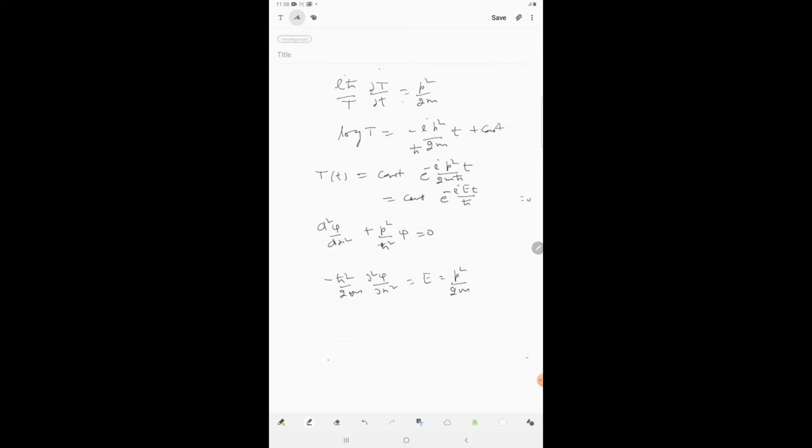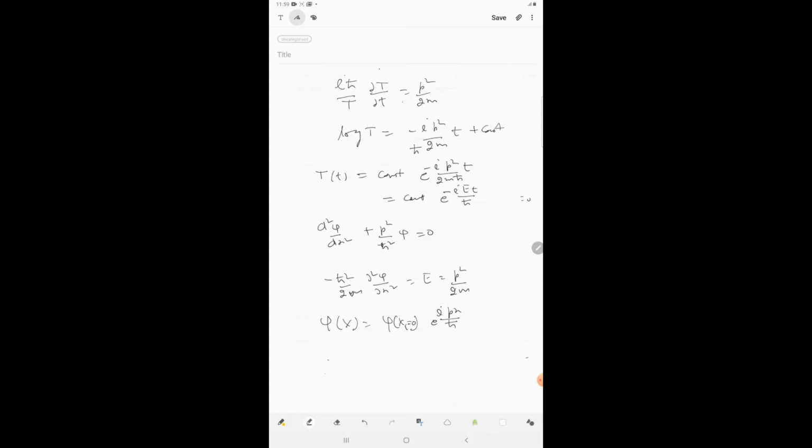So 2m cancels, and you can just get this. Obviously, a very well known solution of this equation is ψ(x), which is ψ at the initial value, ψ at x equals 0, or we can say amplitude, e to the power ipx upon ħ.